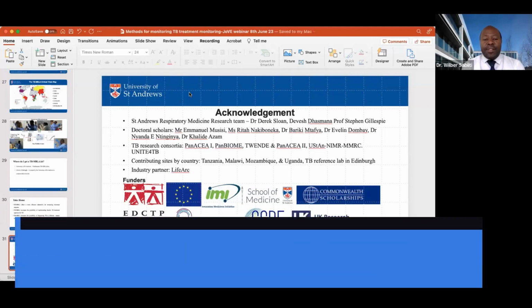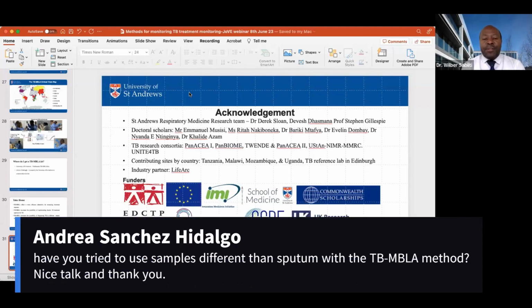The next question, have you tried to use samples different than sputum with the TB-MBLA method? Nice talk and thank you. So yes, we have tried MBLA on different sample types. We have done it on stool, especially from adult stool. We want now to do it from the pediatric stool.